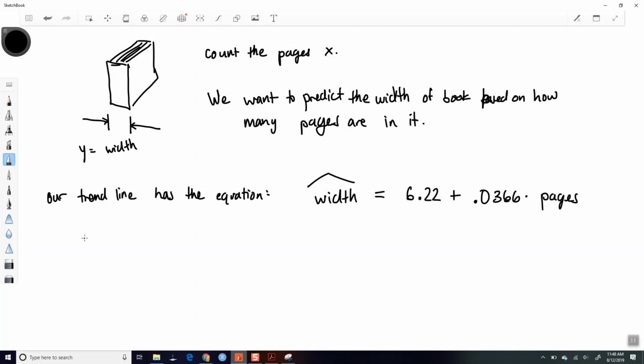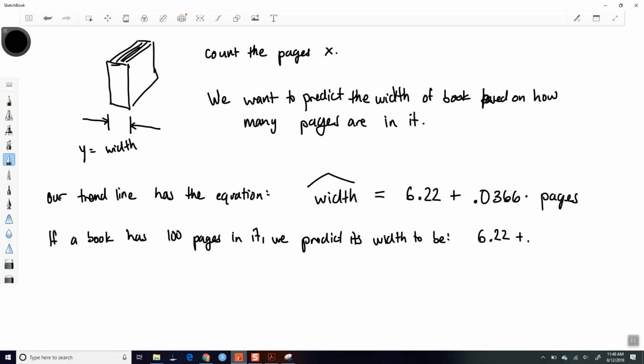So if a book has 100 pages in it, we predict its width to be 6.22 plus 0.0366 times 100, and we would get 6.22 plus 3.66, and what is that? 9.88.